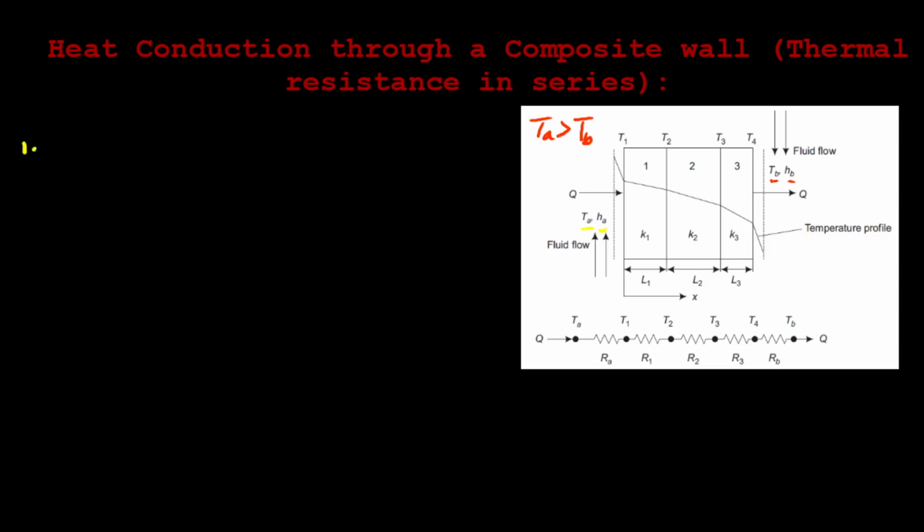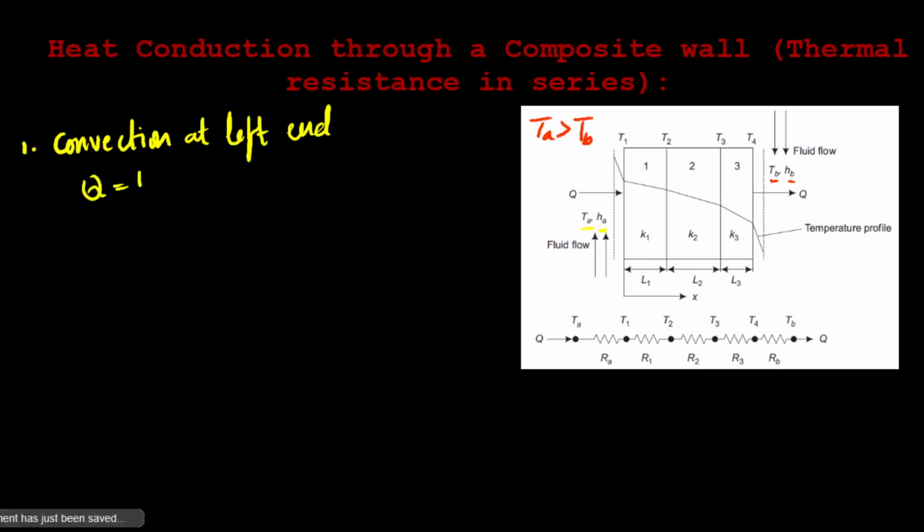So the first case is convection at the left end of the composite wall. Here the heat transfer is given by, we know that the convective heat transfer is given by HA into area, which is the surface area of the slab, multiplied by TA minus T1.